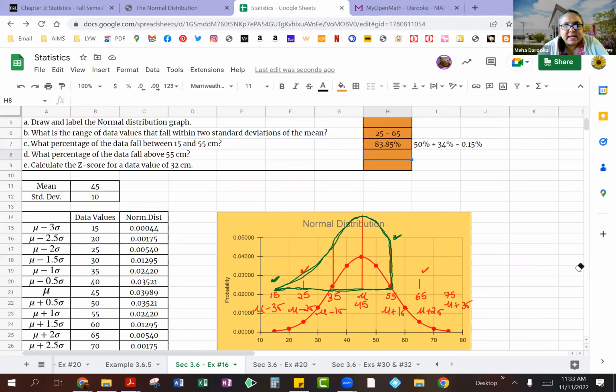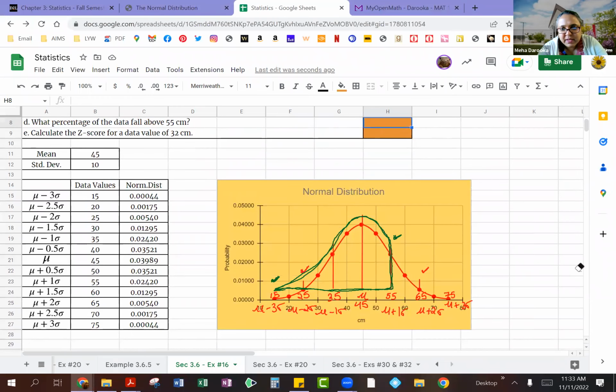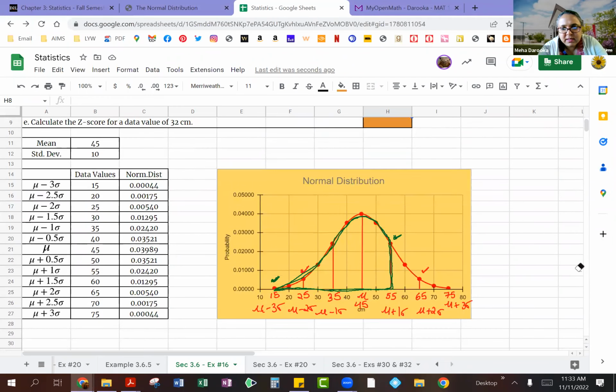Part D is asking us what percentage of the data falls above 55. So let's see if I can get this guy to line up again. Okay, so we are saying what percentage of data falls above 55. So of course you can see when they're saying above 55, we're talking about this section over here.